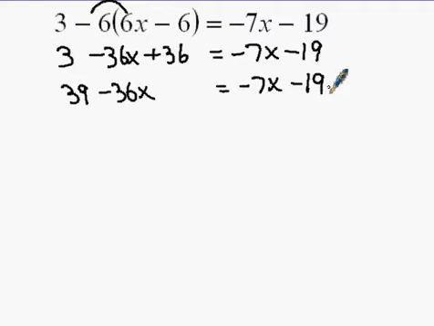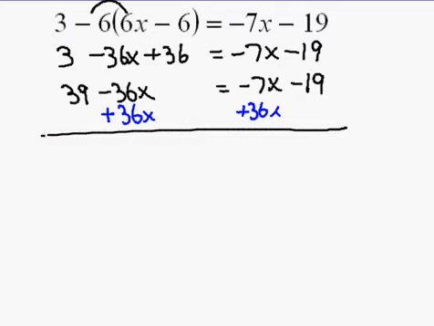Let's solve that. What's going to be the simplest thing here? I think probably adding 36x will make things easiest. So plus 36x, plus 36x. The 36x's cancel out. I get 39 equals, let's see, negative 7 plus 36 is actually 29x minus 19.